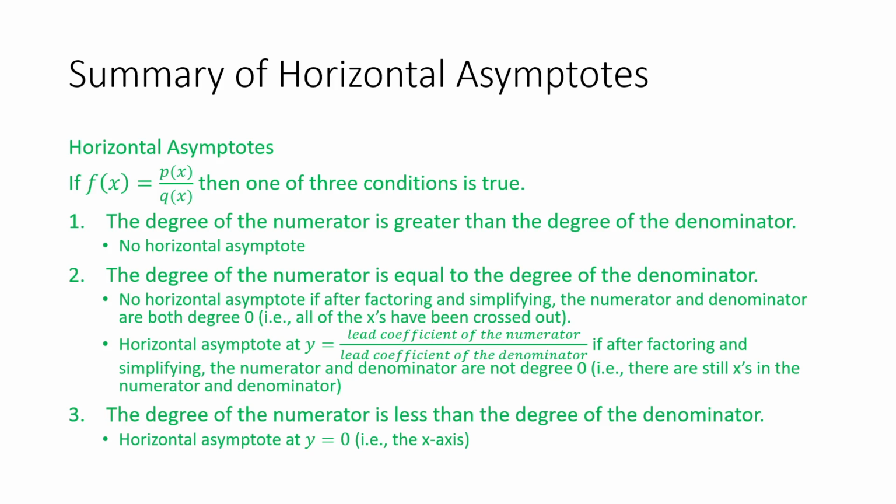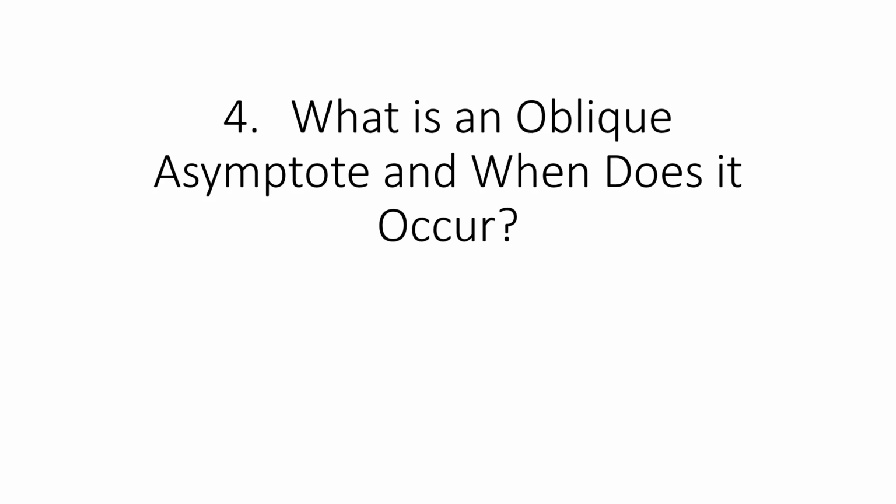In other words, all the x's cancel out. Or there will be a horizontal asymptote at y equals lead coefficient over lead coefficient if after factoring and simplifying, some x's remain. The third scenario would be that the degree of the numerator is less than the degree of the denominator, and as we've seen, that would lead to a horizontal asymptote along the x-axis.